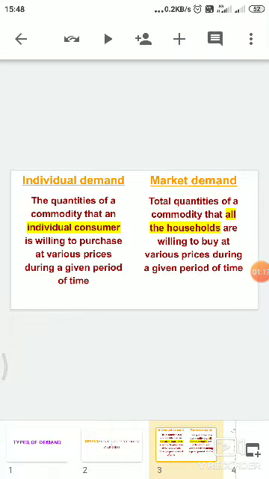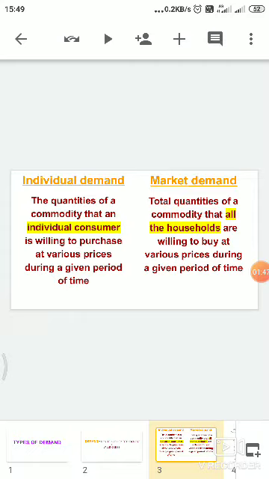Now the demand by an individual consumer in the market is called the individual demand. We can see from here, individual demand refers to the quantities of a commodity that a consumer is willing to purchase at various prices during a given period of time.